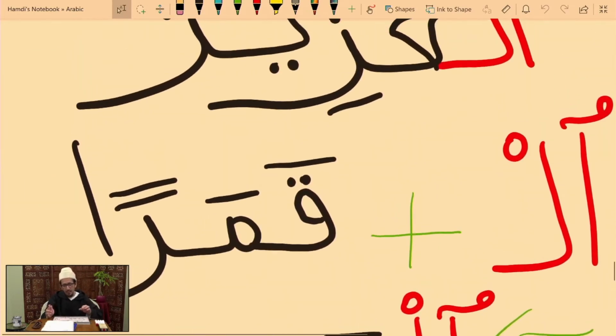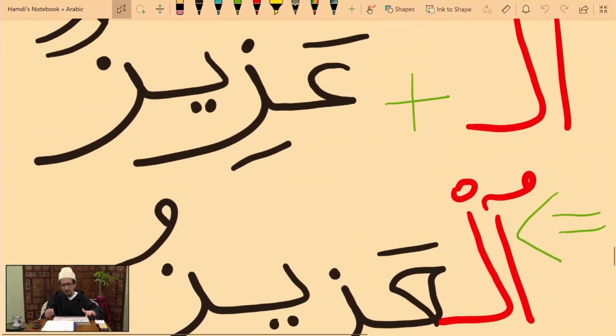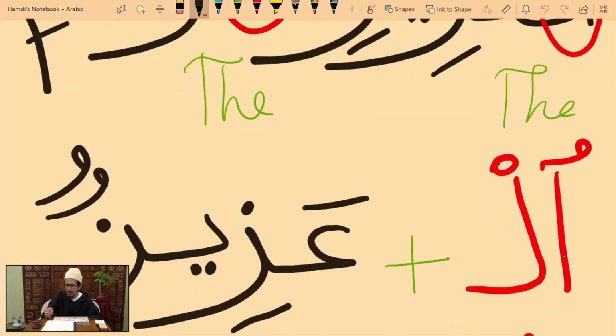Same thing, if you find an "al", these two letters together, you can only see them in this shape in the beginning of a word. If you see them in the beginning of the word, that means that's a noun and that's a definite noun.